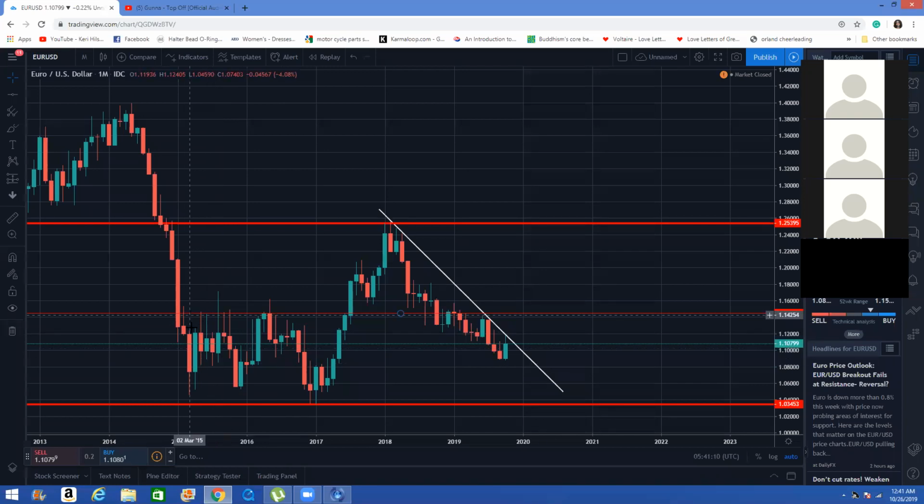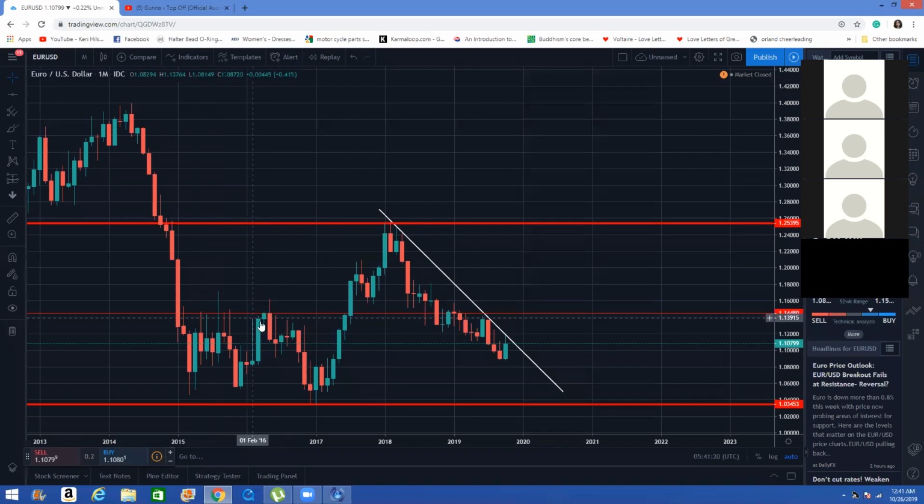This is an area where price kept coming to and rejecting. You look at all of these wicks. When you see a bunch of wicks from the same region rejecting the same zone, that's a major zone, especially on the higher time frames.